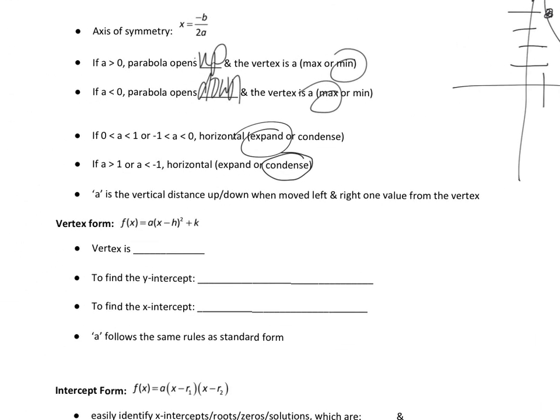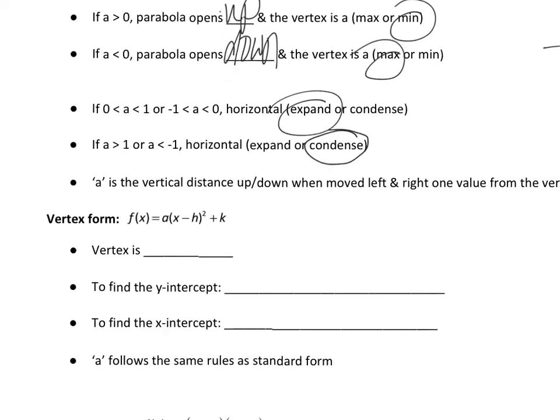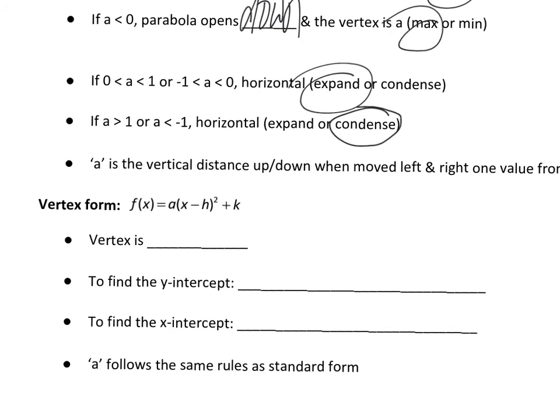Now, if we move to vertex form, vertex form is a(x minus h) squared plus k, where the vertex is h comma k. The y-intercept would be plugging in 0 for x. So when you plug 0 in for x, you get negative h squared, which turns to h squared, plus k.